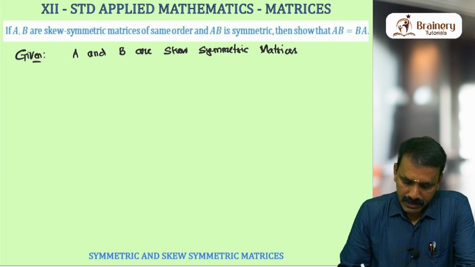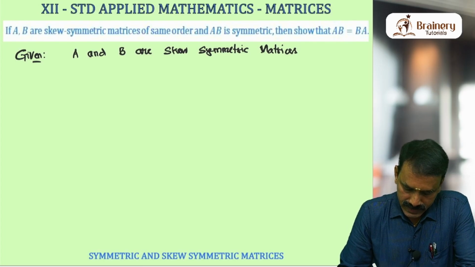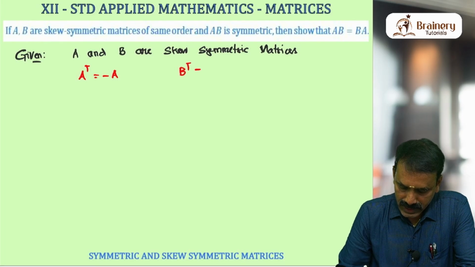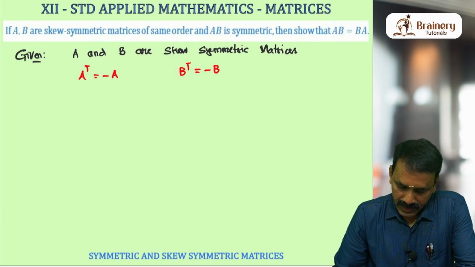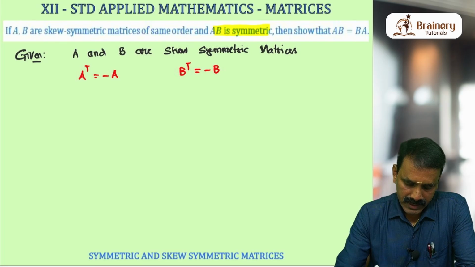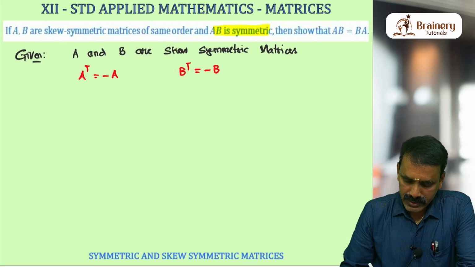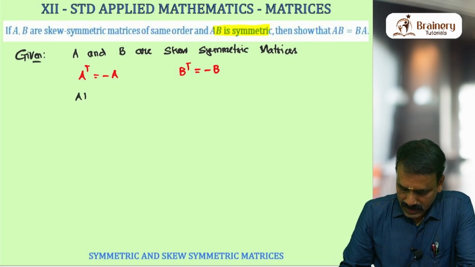What do you mean by a skew symmetric matrix? A transpose is equal to minus A, B transpose is equal to minus B. And one more condition is also given. What is given? AB is a symmetric matrix. So I make use of that concept. AB is symmetric.